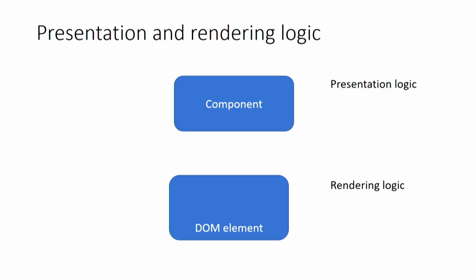We have an extra layer between components and the DOM, which is directives, right? And this is the place where we should encapsulate rendering logic. The important piece is that we do not put rendering logic into components, okay? And we use the data binding mechanism provided by Angular as a communication channel between components and directives.